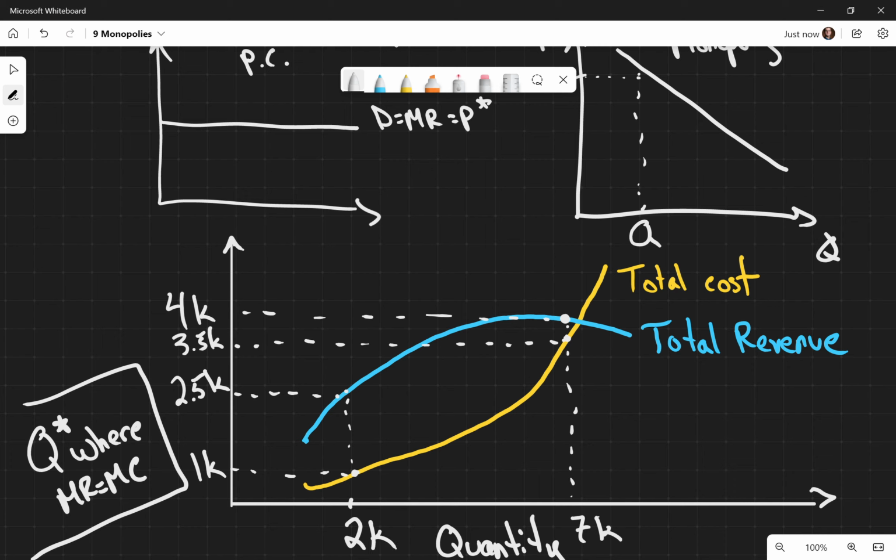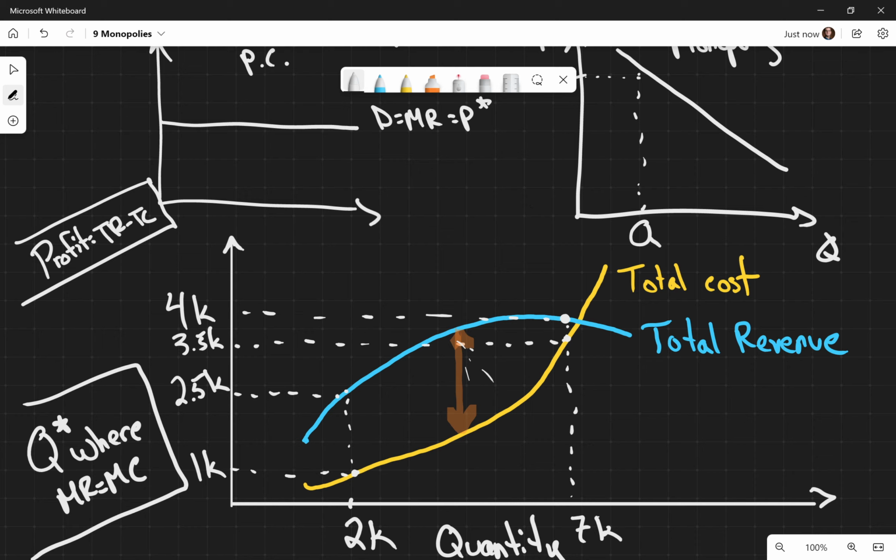And so what you want to do is find the place where there's the greatest distance between these two, right? Because we know that profit is equal to my total revenue minus my total cost. Since I want to maximize my profit, I'm going to want to produce a quantity that creates the most margin or gap between these two curves.